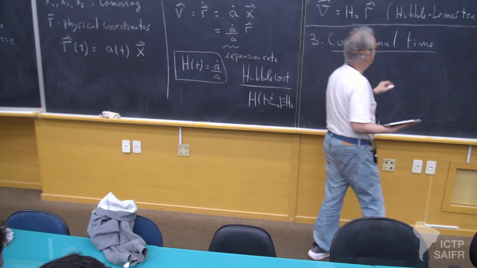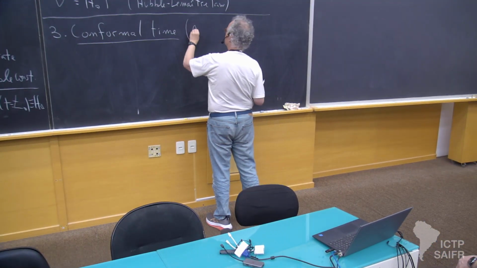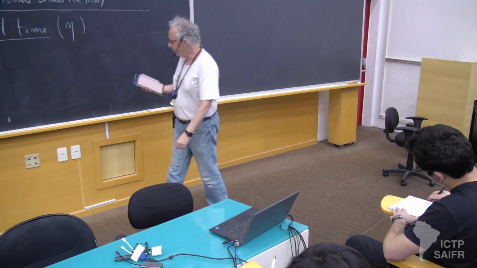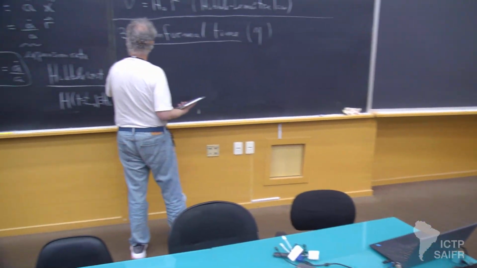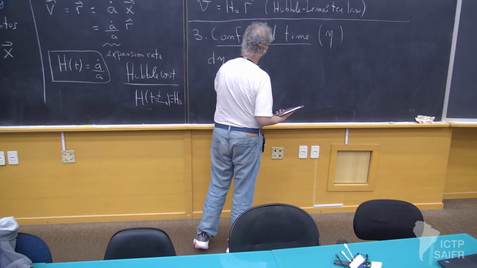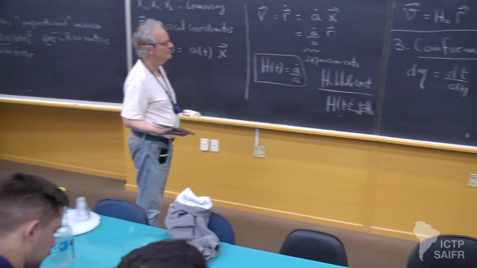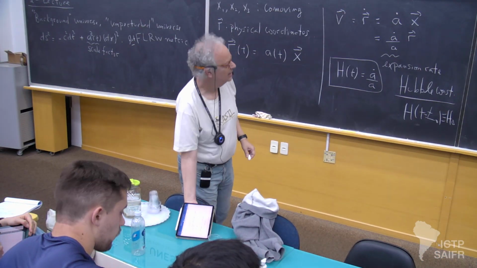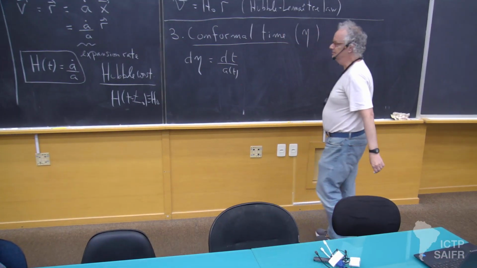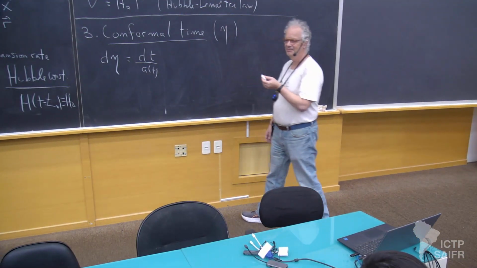And the conformal time, it depends on the references. Some people use eta, some people use tau, but I use eta. So this is defined the following way: d eta is a redefinition of time, and you divide by the scale factor, A of t. So this is just a definition of conformal time. And we're going to use it later on, but I think it's interesting to have it now for the moment. So why is this interesting?